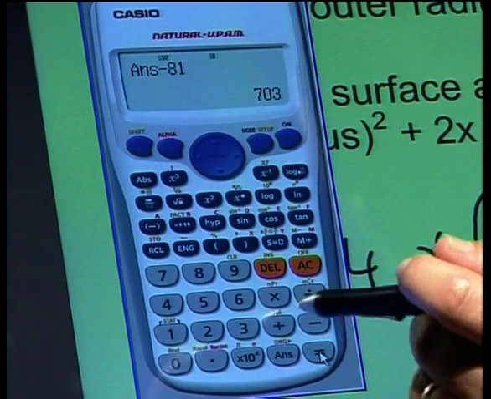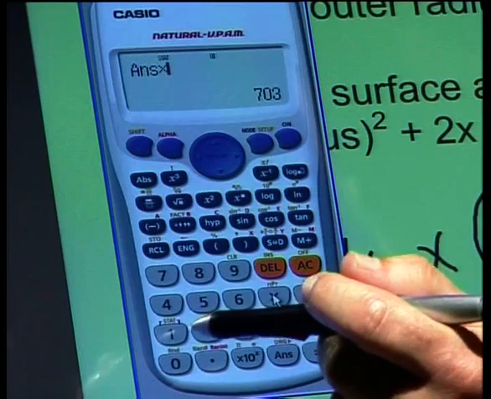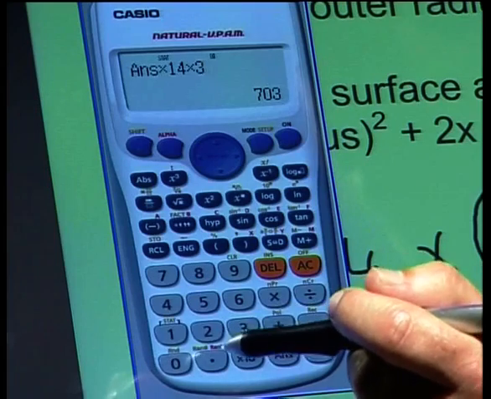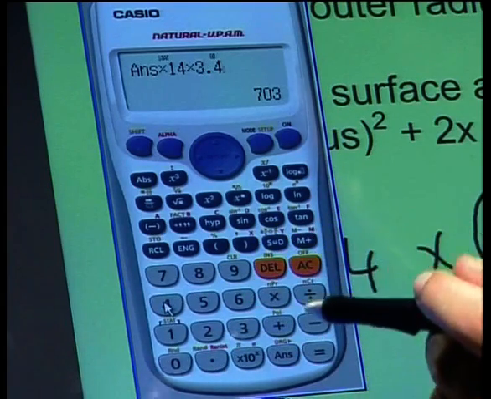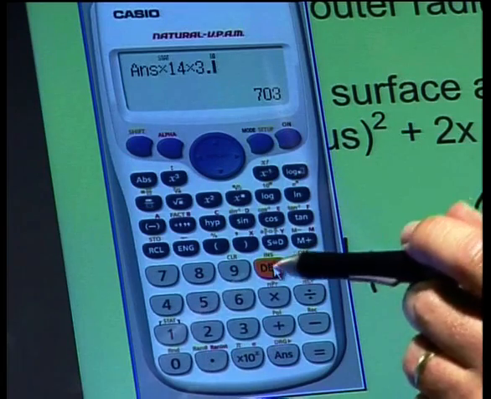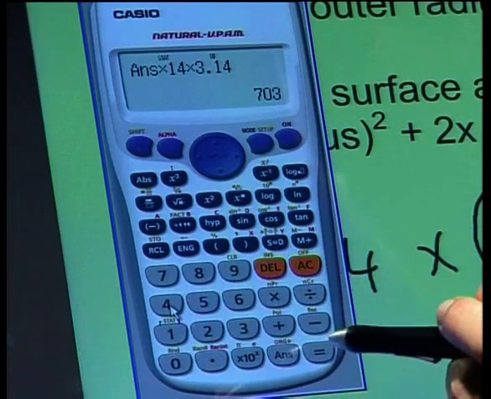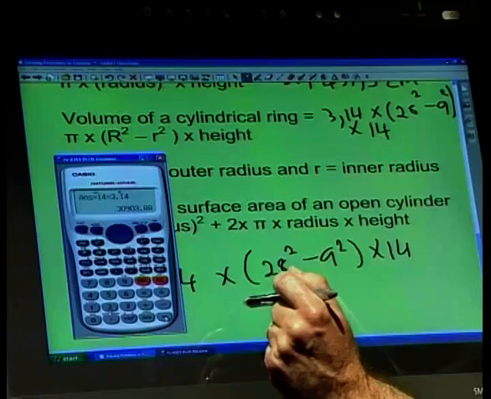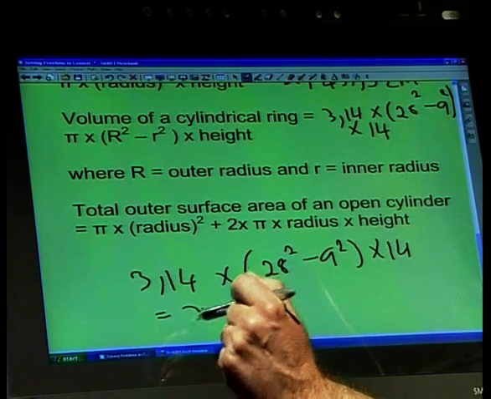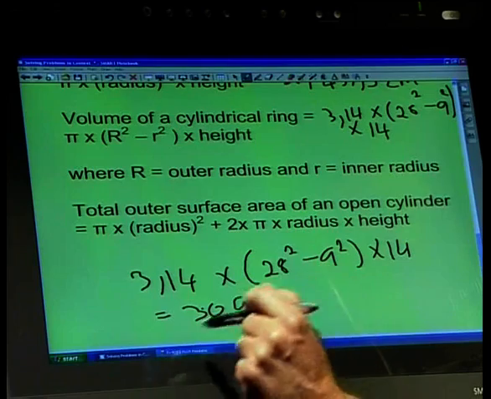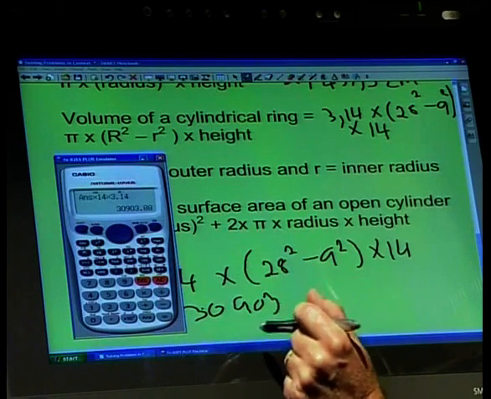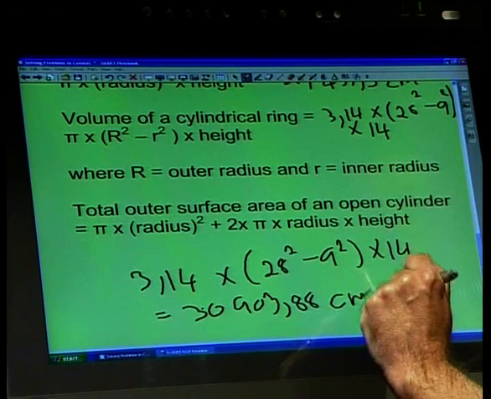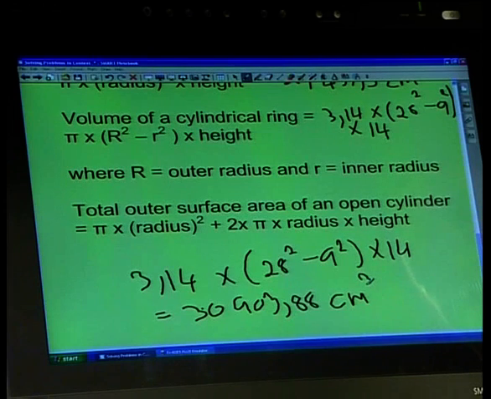That gives us an answer of 703, multiplied by the 14 for the thickness, and lastly by our friend pi, 3.14. There we go. Okay, we have a total volume of 30,903.88, and again, the answer is in cubic centimeters.